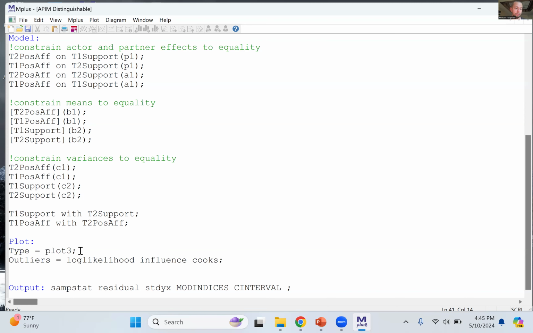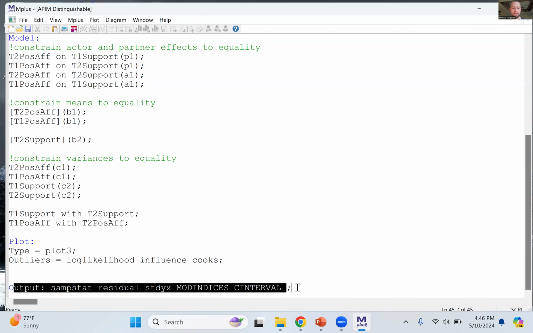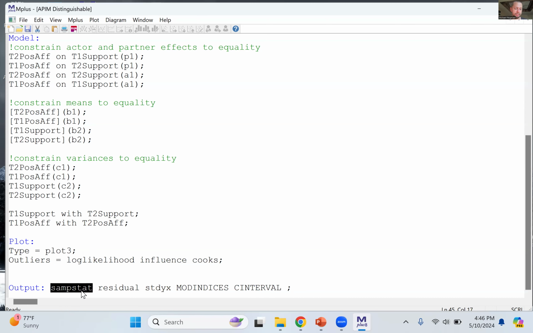Down here, you don't necessarily need this, but this is pretty much standard procedure in my analyses: to obtain the scatter plots and the histograms for these variables, as well as identify potential outliers, but we will not go through those processes in this video. We will also look at the output, where we want the sample statistics: means, variances, skewness, kurtosis, things of that nature.